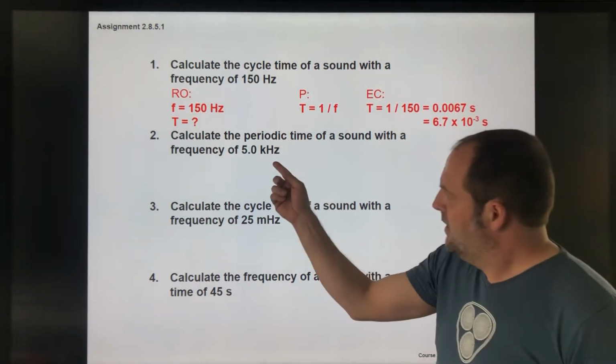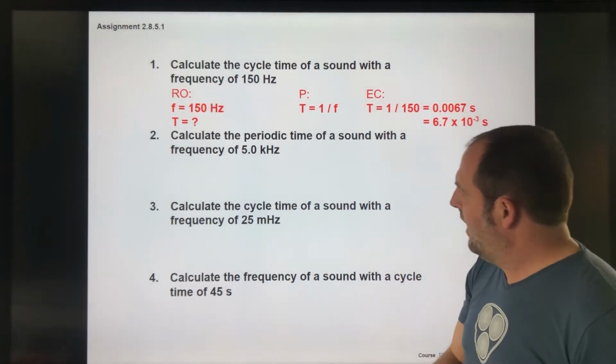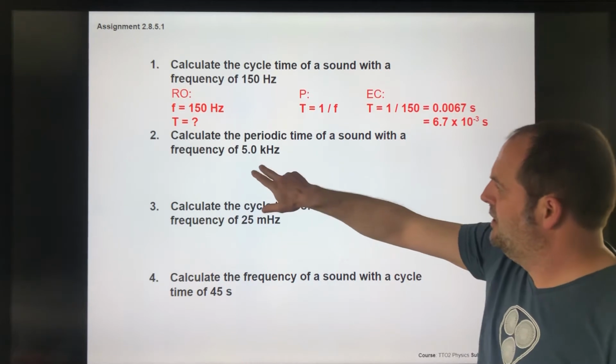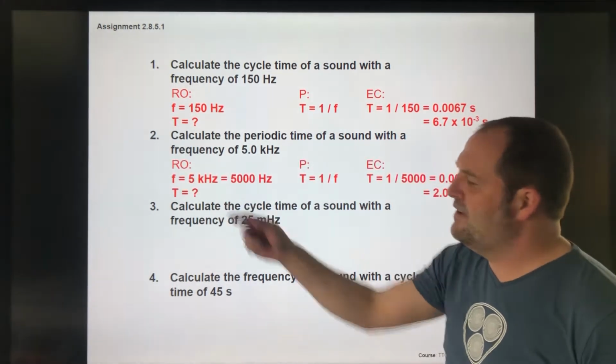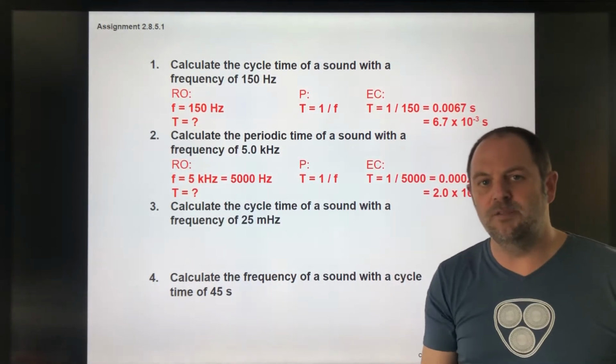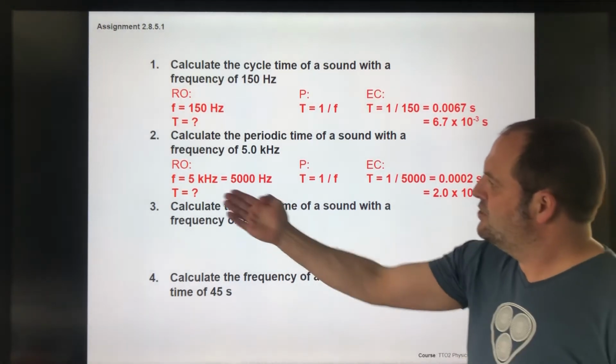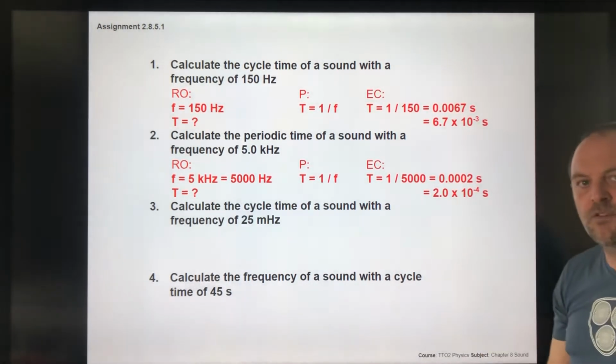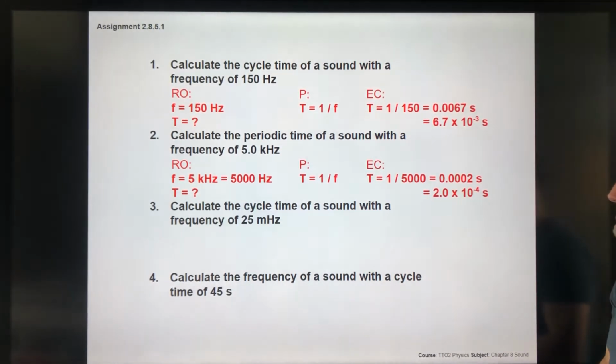But this one, you need to calculate the period time, and the frequency is given, but it's given in kilohertz. And kilo always means multiplying by 1000, so you get 5000 hertz. You fill it in and you get 2.0 times 10 to the power of minus 4 seconds.